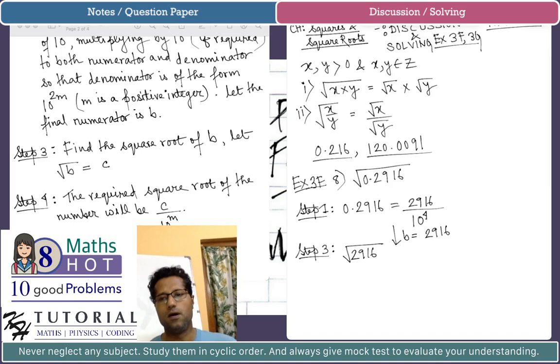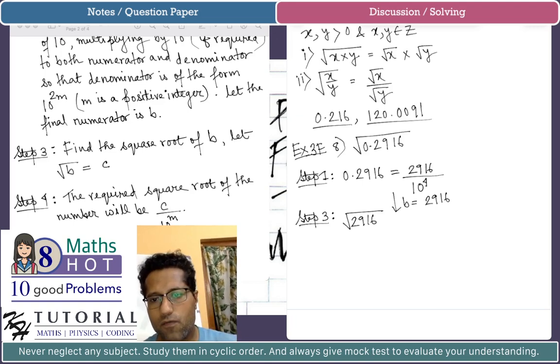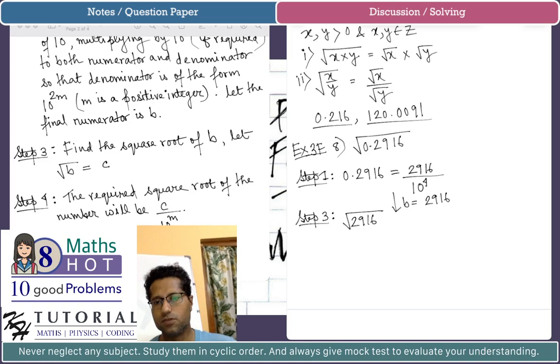You can find the square root of 2916 either by the method of prime factorization or the long division method. It is up to you; whichever method is more convenient, you will use that. But my recommendation is the long division method, because it works well even if the given number is not a perfect square.